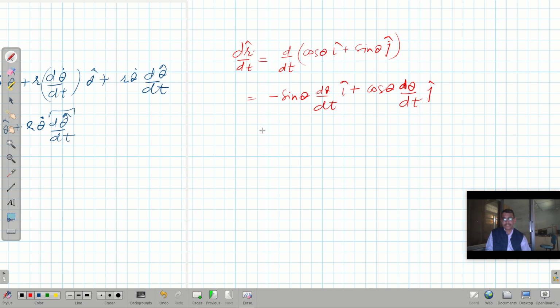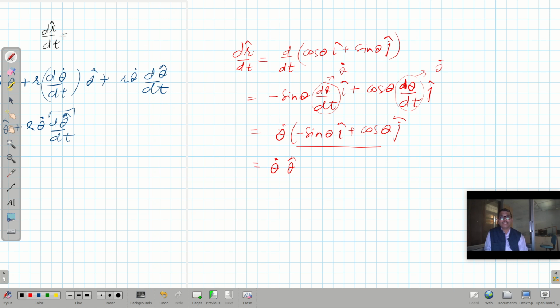It is theta dot in both, so it can be taken outside. Inside it is minus sin theta i cap plus cos theta j cap, and this is basically theta cap. So dr cap over dt is equal to theta dot theta cap.